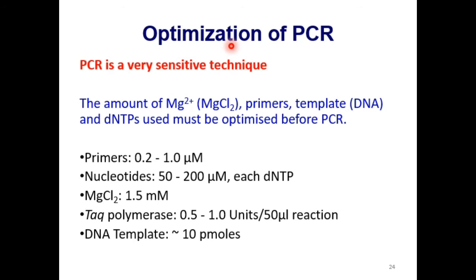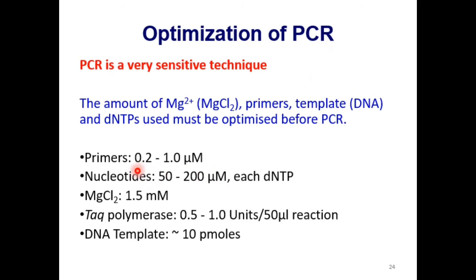you proceed. By optimization of the amount and the concentration of the reagents or the components of the PCR, including the DNA template and all the rest of the reagents, you may need to optimize them. And also the annealing temperature, melting temperature, all these may need to be optimized before you have an appropriate or successful PCR.